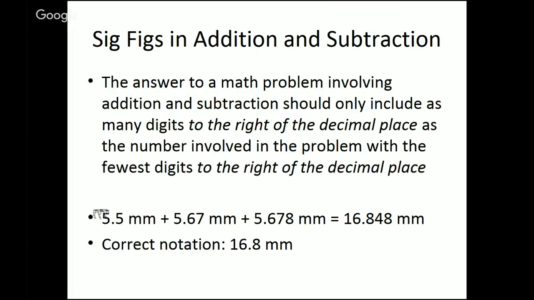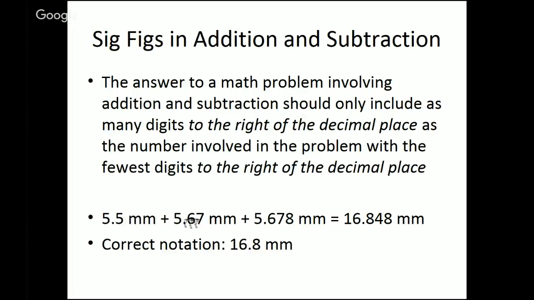The least precise number in the problem is going to set the standard for what you report. And with addition and subtraction, as it says here, you want to match your answer to the same number of decimal places to the right of the decimal point. All right, so this goes down to the 10th place. That means that the answer you report is going to have one digit in the 10th place.